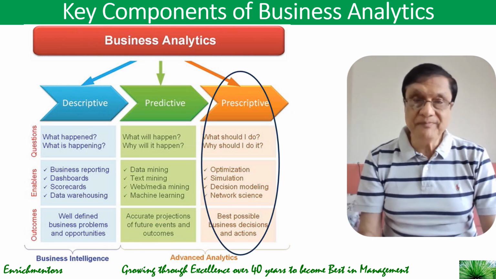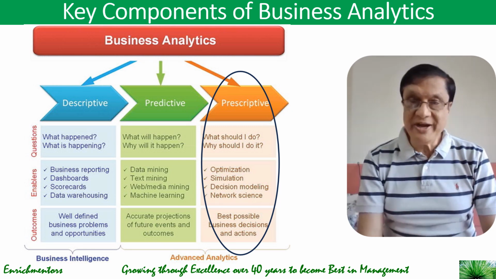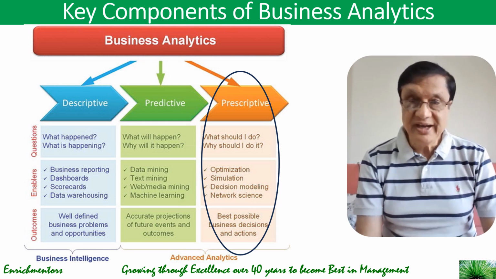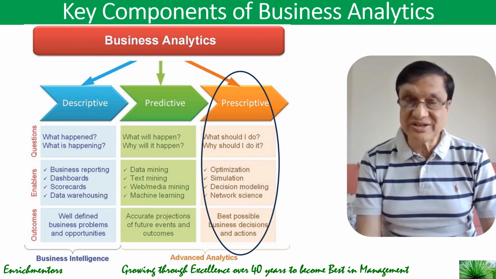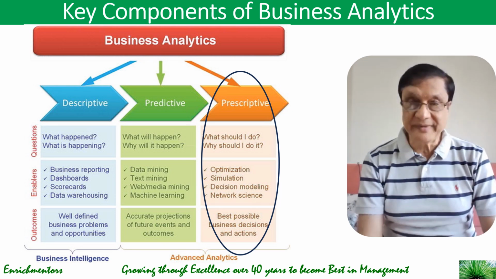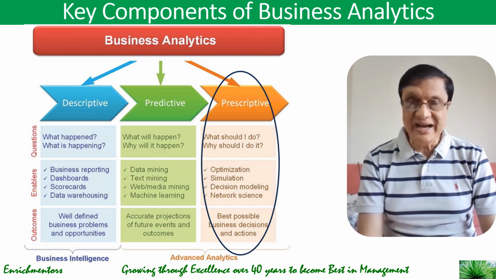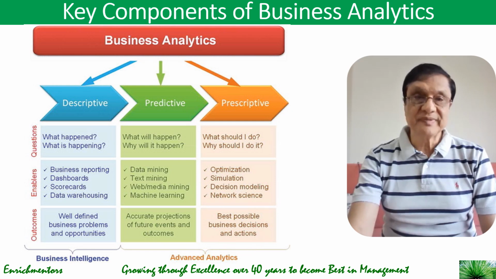And the third one, prescriptive analytics, in which you recommend actions based on your predictive insights to optimize the outcomes. It could be suggesting pricing strategies to maximize profit. And there, the tools that I use are optimization software and decision modeling tools. So these are the key components of business analytics.